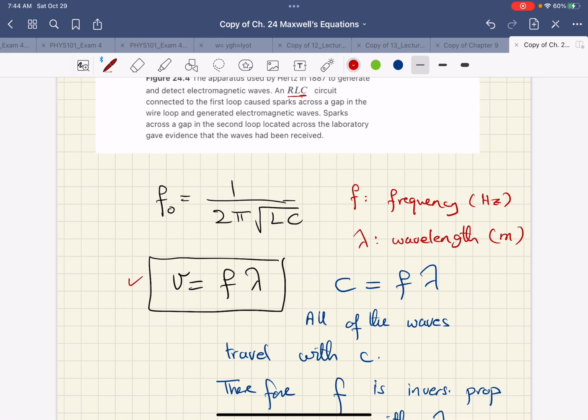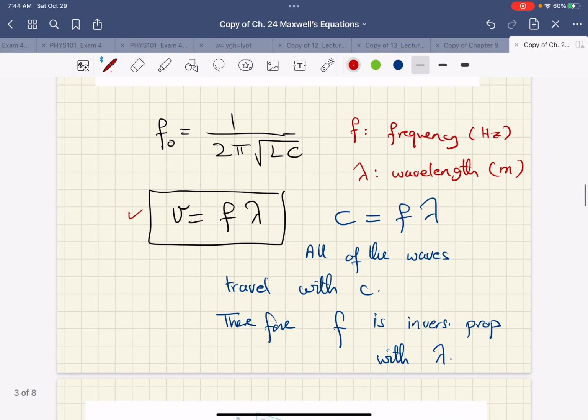This is a general equation for waves, and light is a wave, but it's very special in that it has C as its speed. All the waves travel with C, therefore F is inversely proportional to lambda.